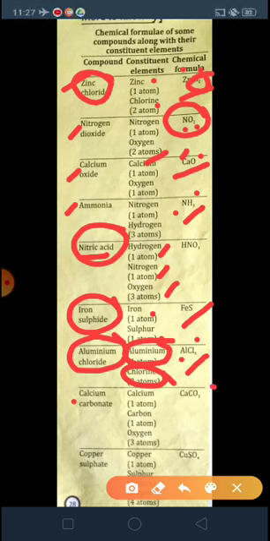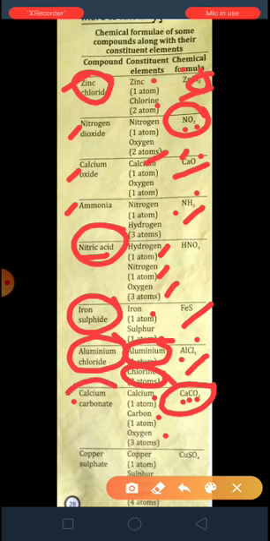Calcium carbonate, CaCO3. Ca is the symbol of calcium, C is the symbol of carbon and O is the symbol of oxygen. Here 3 is written below the O, which means three atoms of oxygen. One atom of calcium, one atom of carbon and three atoms of oxygen chemically combine in this fixed proportion, and then we get one molecule of calcium carbonate.